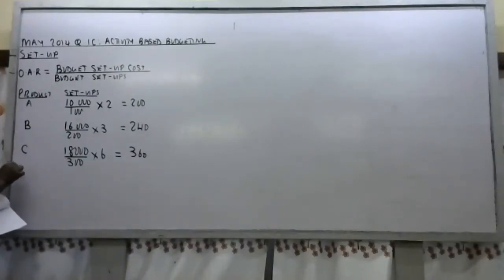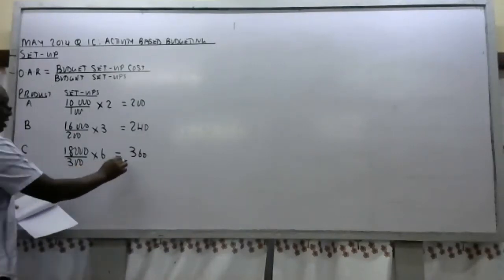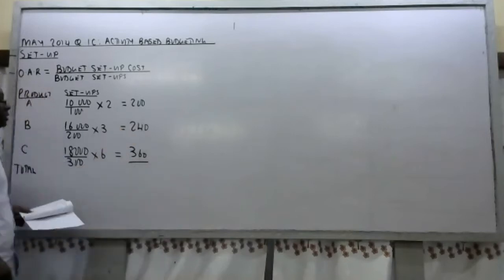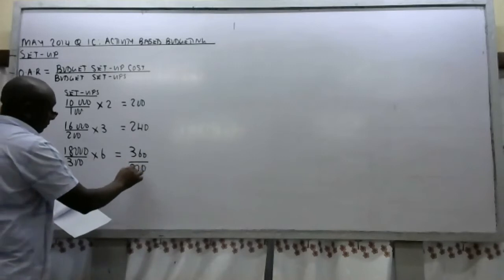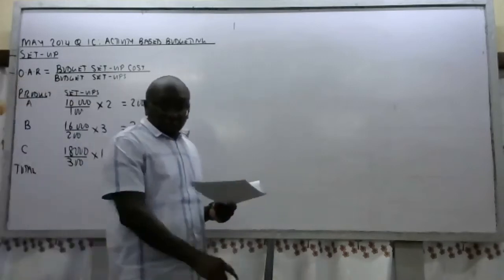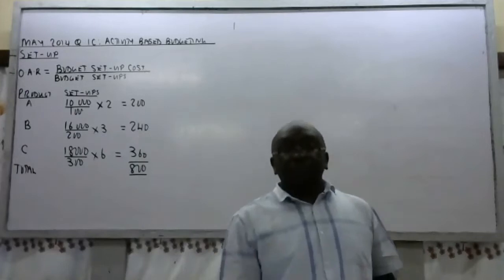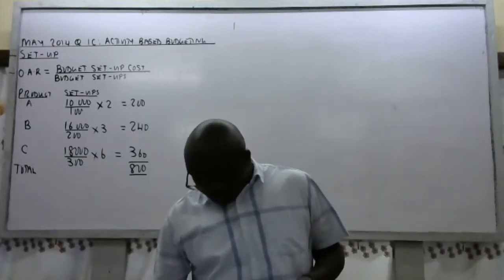So total, give me the total of those ones. This is 200, 440, 800. Is that so? The total, is it 800? Yeah, good. It is 800.